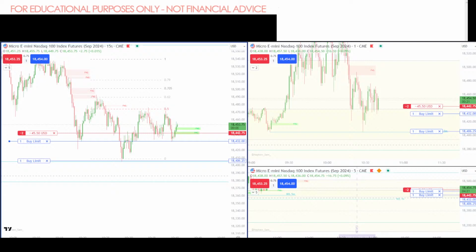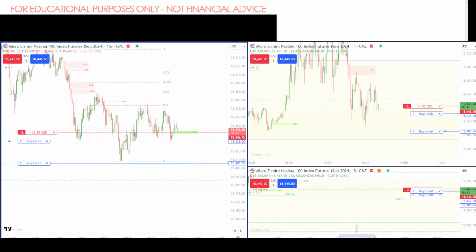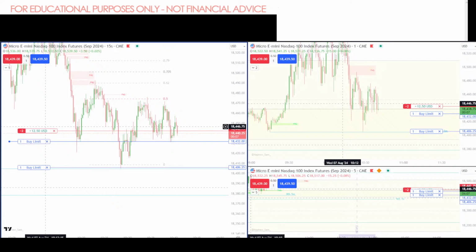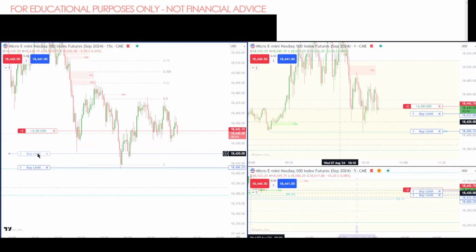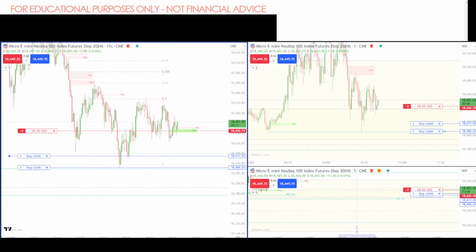All right, this is too choppy to take on any kind of size, and this is a small account, so I need to be really careful. And I'm down for the day. So far, I'm down $54. Let's see if we get this. If we hesitate one more time, taking off manually.